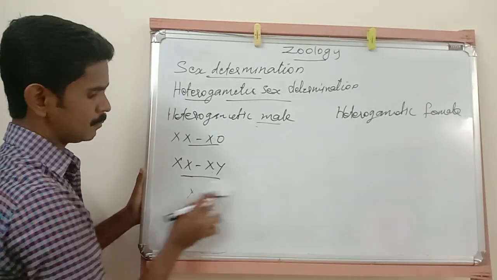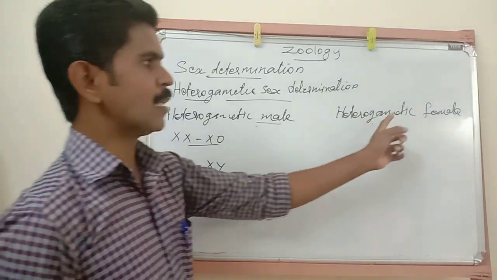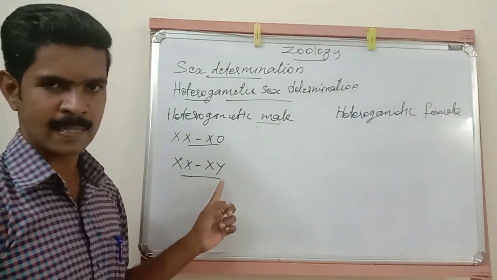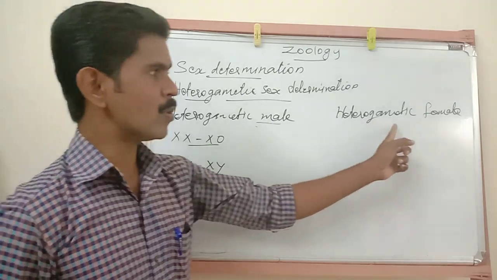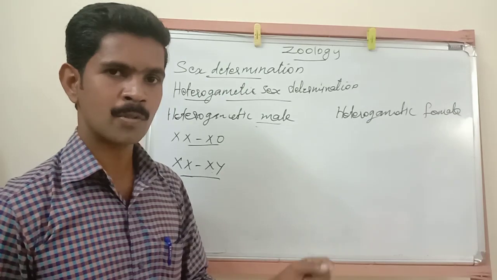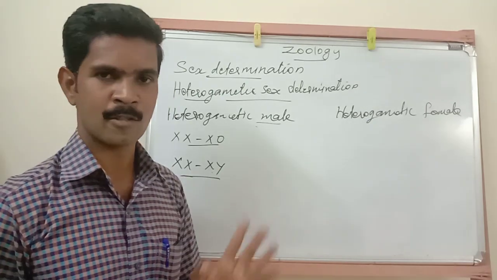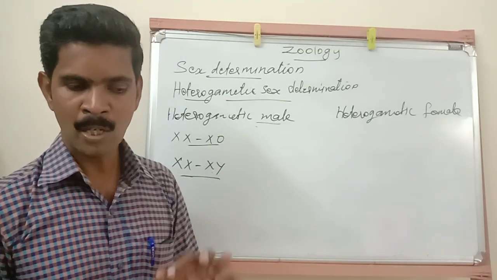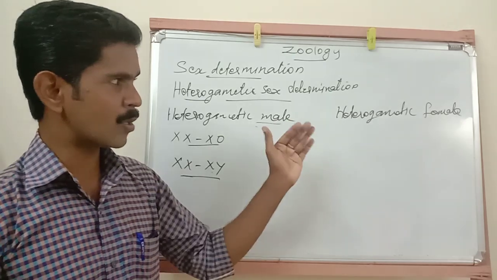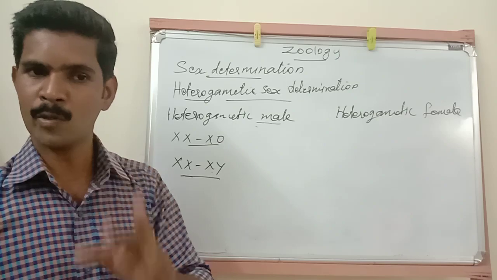Then, next, heterogametic female. So here in male, only the sex chromosomes are different, dissimilar. But in heterogametic female, the female has different sex chromosomes but the male has the same sex chromosomes. Understand? So I hope you all understood that heterogametic sex determination is divided into two types.